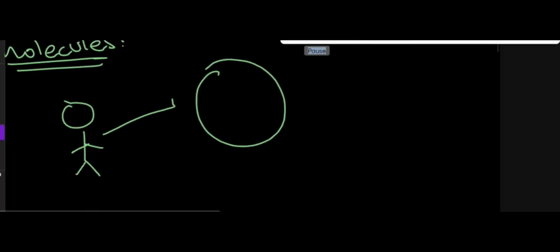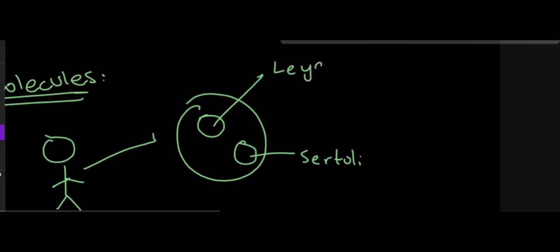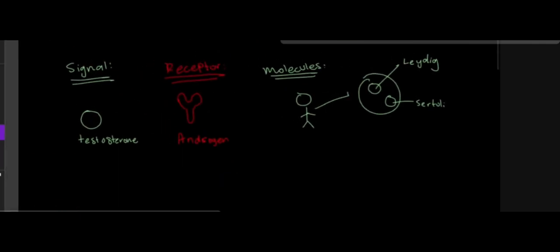When the testosterone ligand binds to intracellular receptors, the gene expression is changed, which changes male fertility. Testosterone itself is produced by the Leydig cells in the interstitial space of the testes.